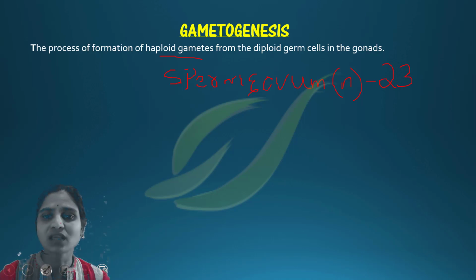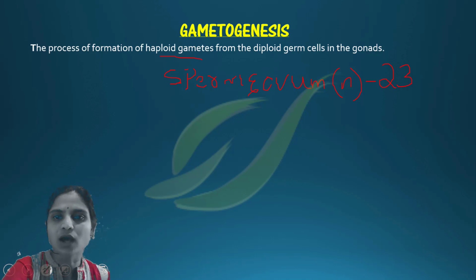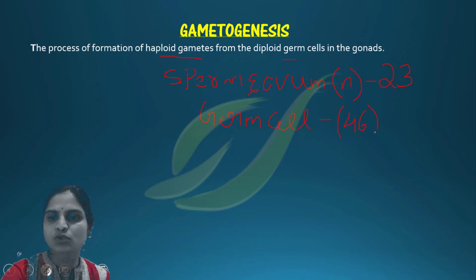So how are these sperms and ovum produced from diploid germ cells? The germ cells are diploid in nature. Diploid means they have 46 chromosomes.